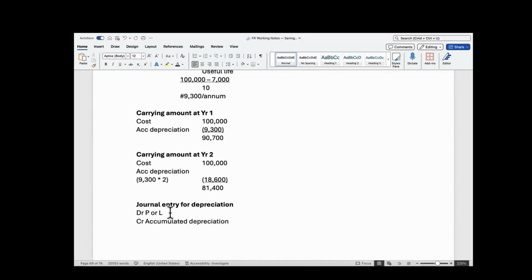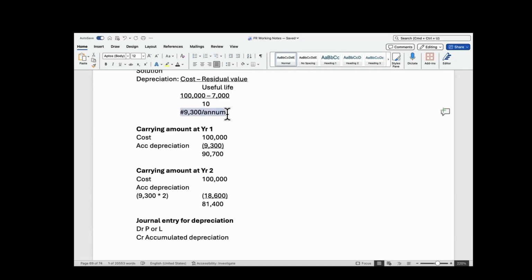So you debit P&L, which is this depreciation that we computed that goes to P&L every year, and the corresponding credit goes to accumulated depreciation. That is why in year 2, accumulated depreciation has doubled, because in year 2 you will have credited accumulated depreciation again. So it's cumulative. It's increasing every year because you're crediting it every year. And that's what you take to your fixed asset schedule at the end of the day.